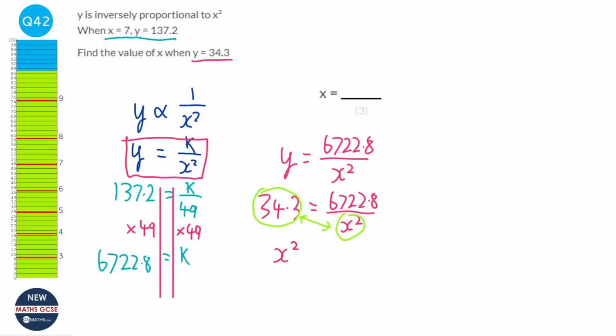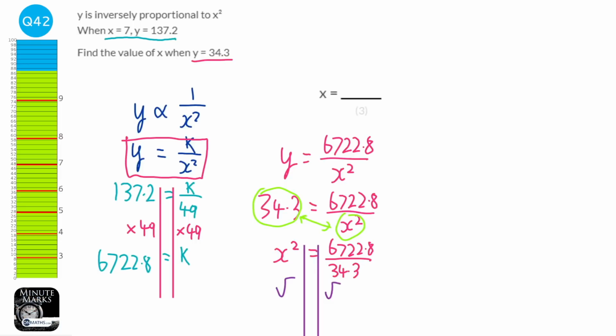So we've got x squared equals 6722.8 over 34.3. And then we want to solve it, so square root both sides. And when you square root, that fraction equals 196, square root it, it will equal 14. So our answer is x equals 14.